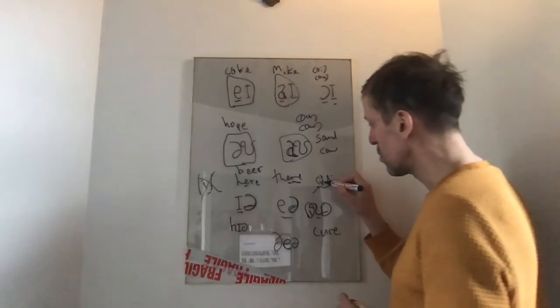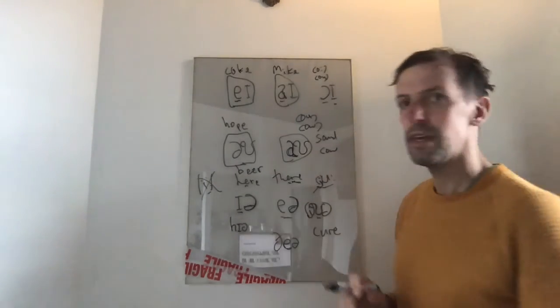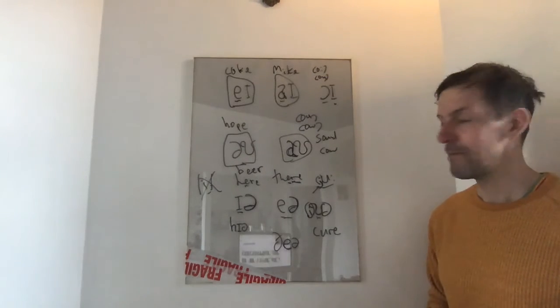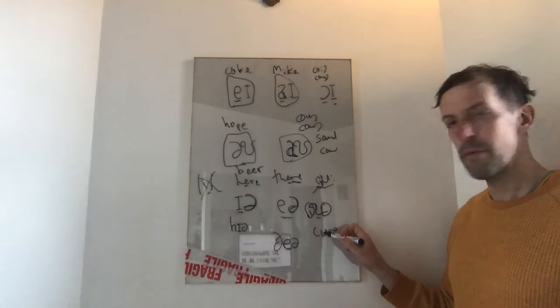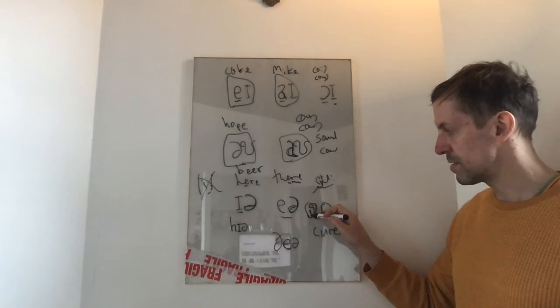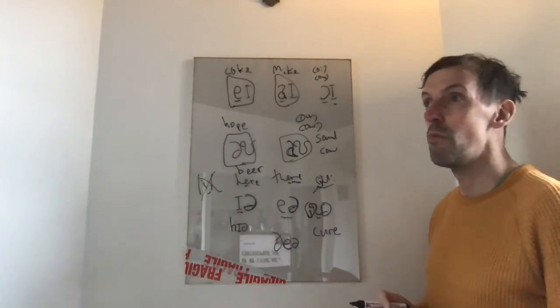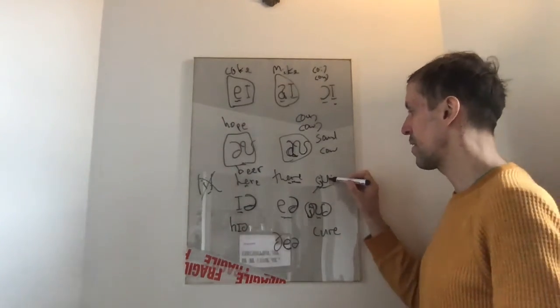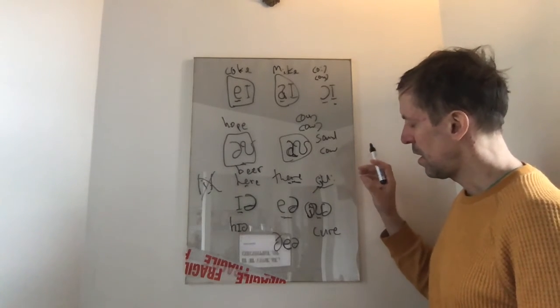Once again, with this long value for u, we have this yod, this little J symbol, which sounds like an E. Most of the time when we have the long value, we might have this yod.